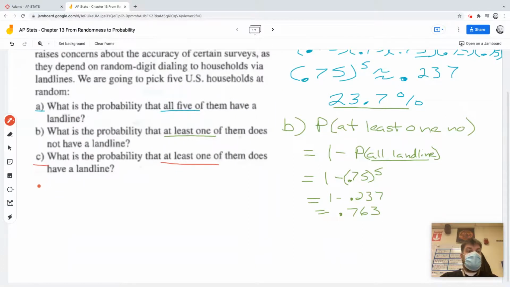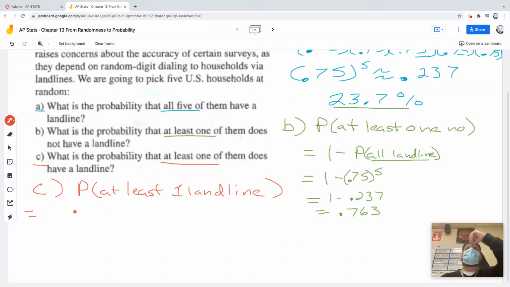So for part C, if at least one of them has a landline, let's think about this.